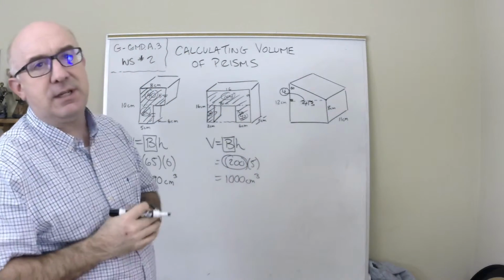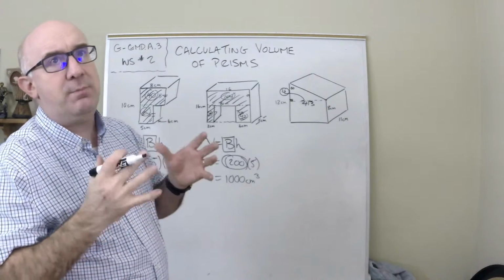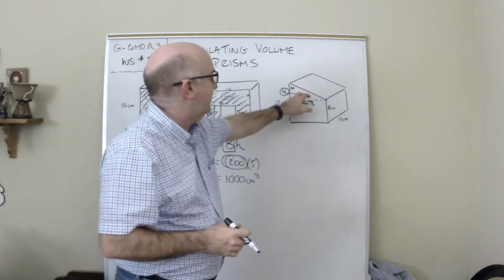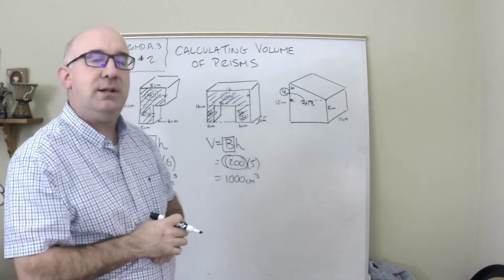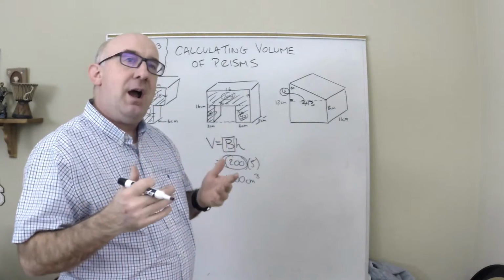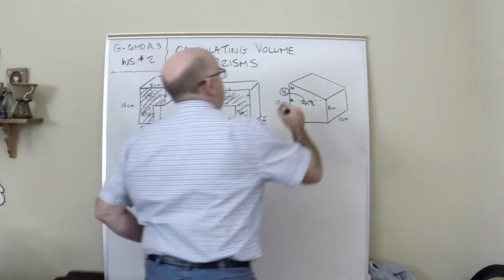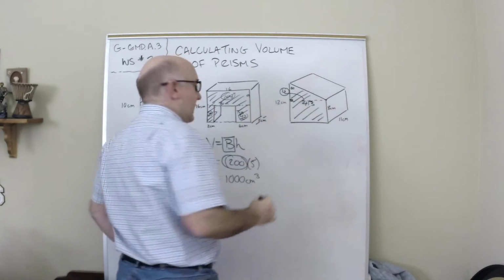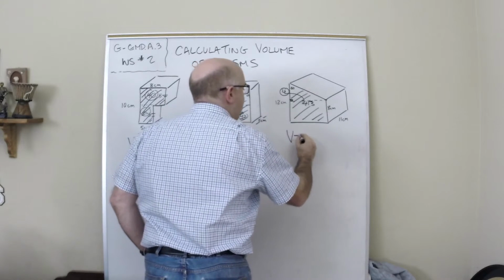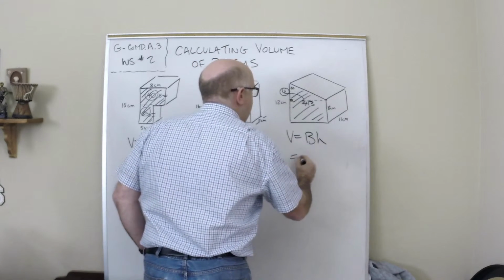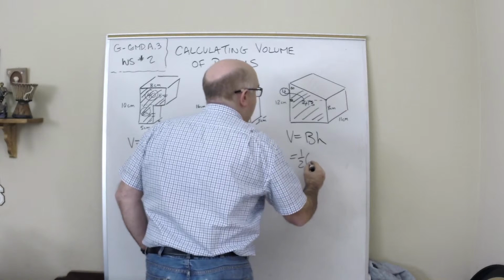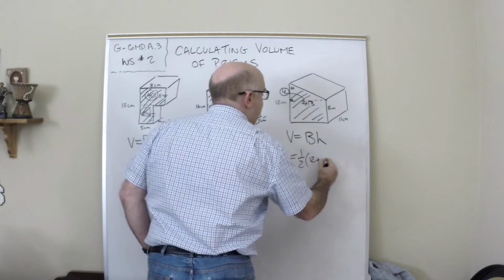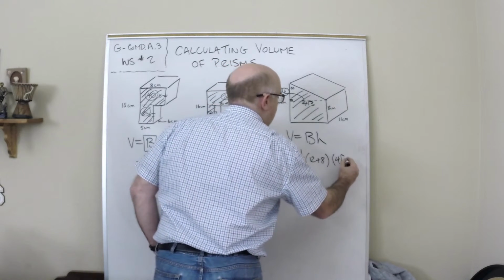Now, I could do this as two composites, like a triangle and a rectangle, and add those together. But I actually now recognize that this is just simply a trapezoid, and so why bother doing that? I'm just going to do the area of one base, which is 1/2 times 12 and 8 and a height of 4 root 3.